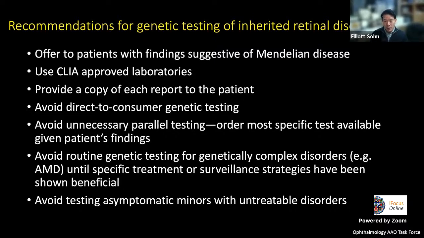But when you're trying to do genetic testing for a patient, you want to try to avoid doing unnecessary parallel testing when possible. If you know the gene that's causing a disorder, like you think the patient really has Best disease, you should test that first. If that's negative, then it's definitely reasonable to look at other genes. That's our approach at the University of Iowa.